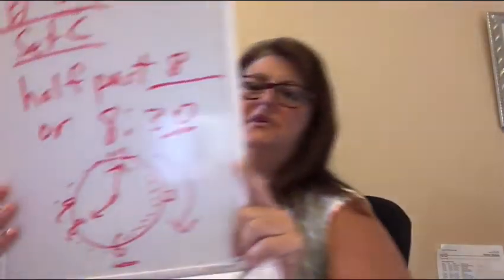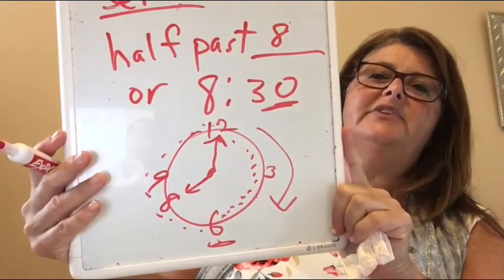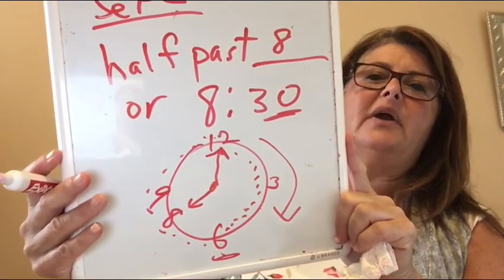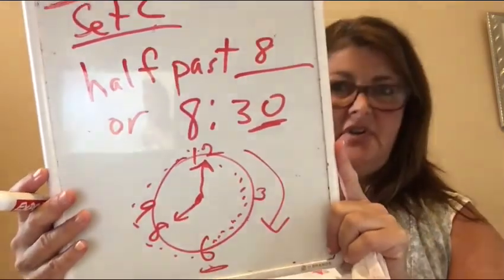And then as the minute hand keeps going around, eventually the hour hand will change from the 8 to the 9. And then it will become 9 o'clock. So C is half past the hour. Half past the hour means that the minute hand is now on the 6 because 30 minutes have passed.